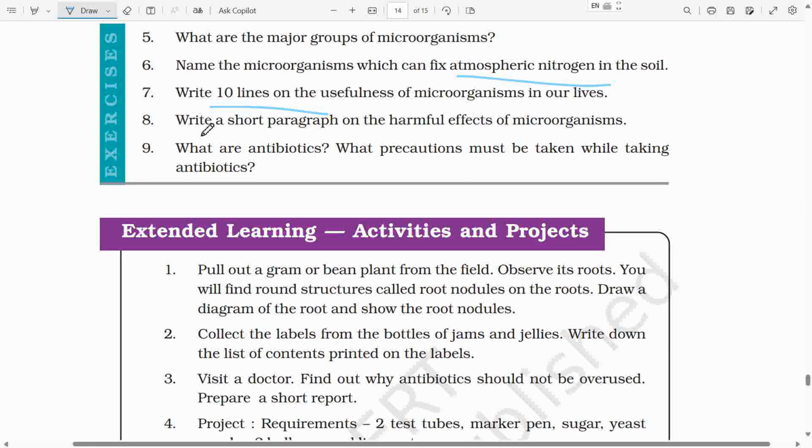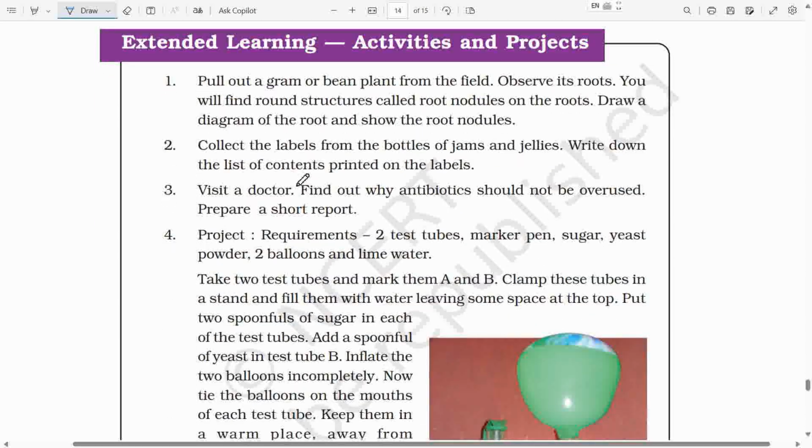Write 10 lines on the usefulness of microorganisms in our lives. 8. Write a short paragraph on the harmful effects of microorganisms. 9. What are antibiotics? What precautions must be taken while taking antibiotics?